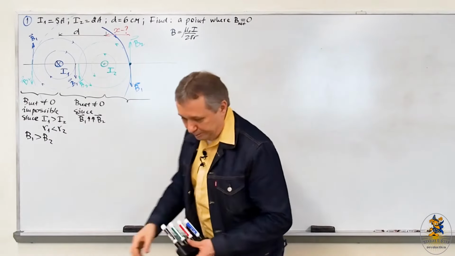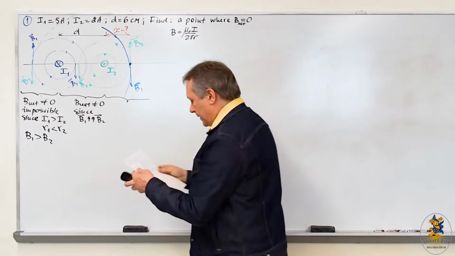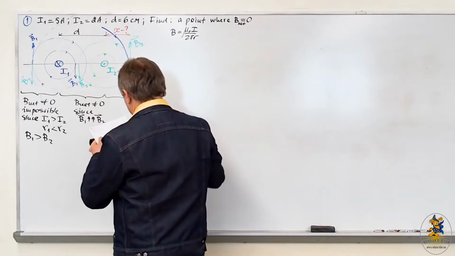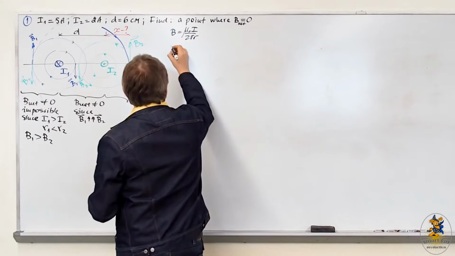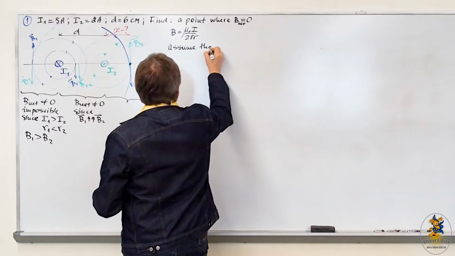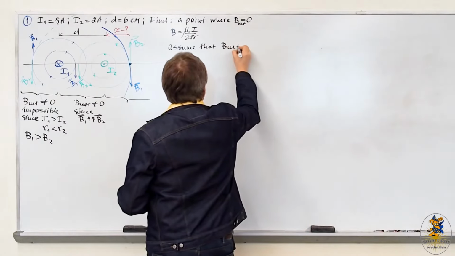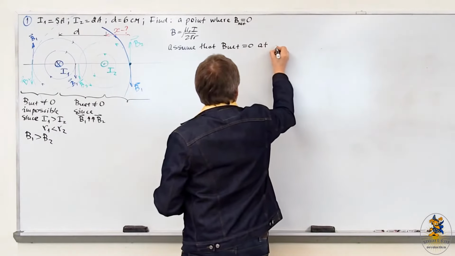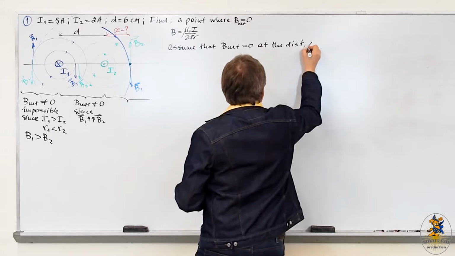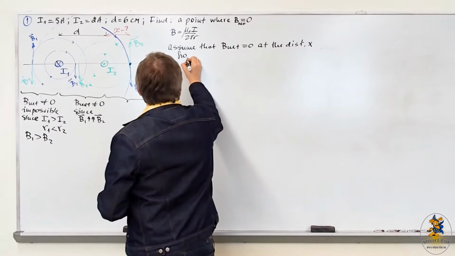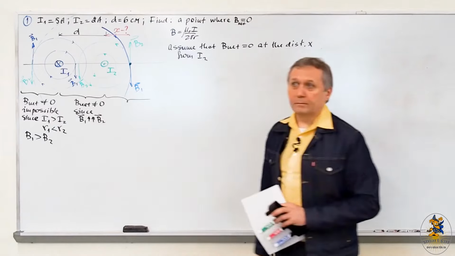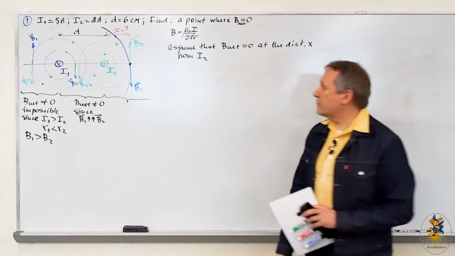So let me write something like this. Assume that B net equals 0 at the distance x from I2, from this point. Okay, so now let's write down.